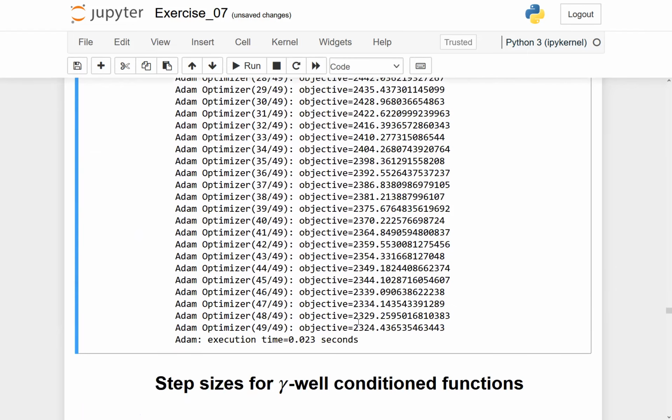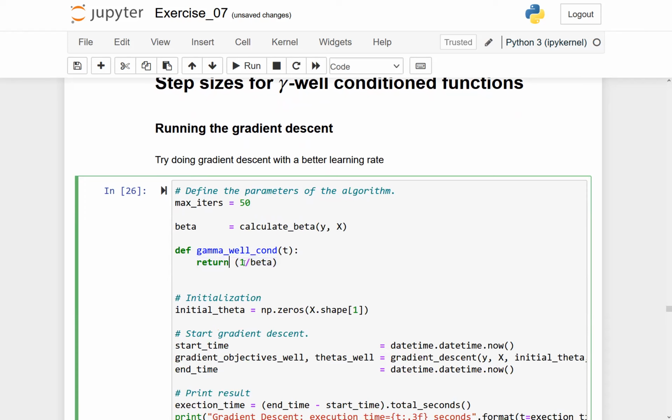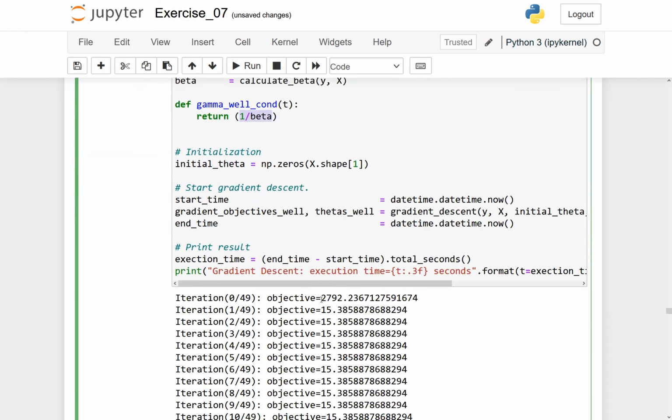Perhaps we also get very good results if we choose the step size as if we would tackle a gamma well-conditioned function, which we have, because there we know from theory the best step size is a constant step size, and it's given by 1 over the beta smoothness parameter. For plain gradient descent, this is perfect.